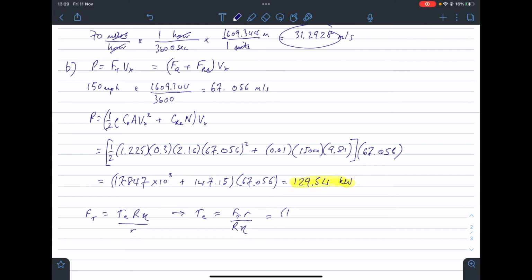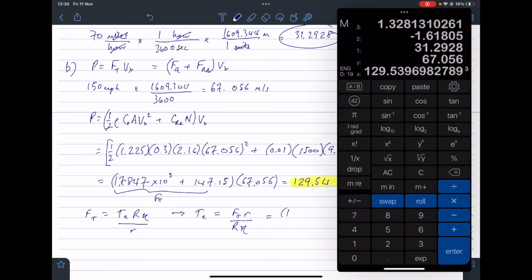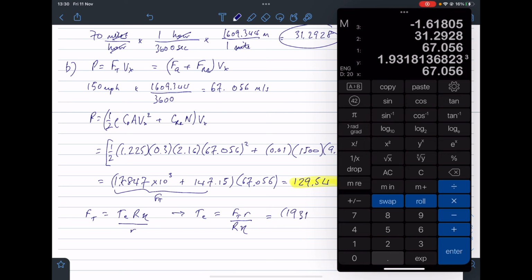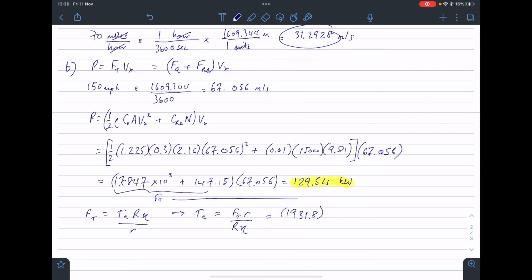Oh, the tractive force, well that's obviously this bit here, that's F of T. So if I go back there, 1931.8 times the wheel radius, 0.31745, divided by gear ratio 3, times the efficiency, 0.9.